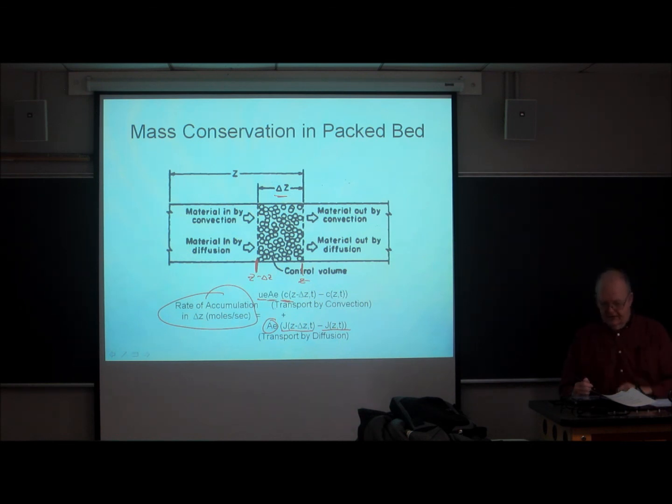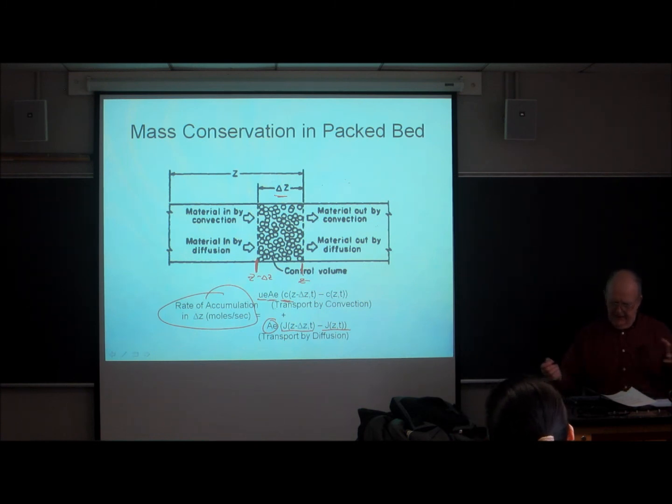You put that all together and you have the rate of accumulation. We have a stationary phase, so the rate of accumulation is based upon the change in the number of moles in the mobile phase plus the change in the number of moles in the stationary phase. I'm going to add all this stuff up.